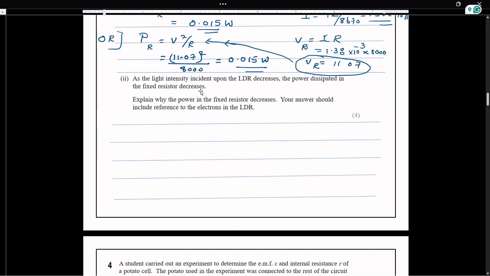As the light intensity incident upon the LDR decreases, the power dissipated in the fixed resistor decreases. Explain why the power in the fixed resistor decreases. They are telling us the power of the fixed resistor decreases when the light intensity on the LDR decreases.